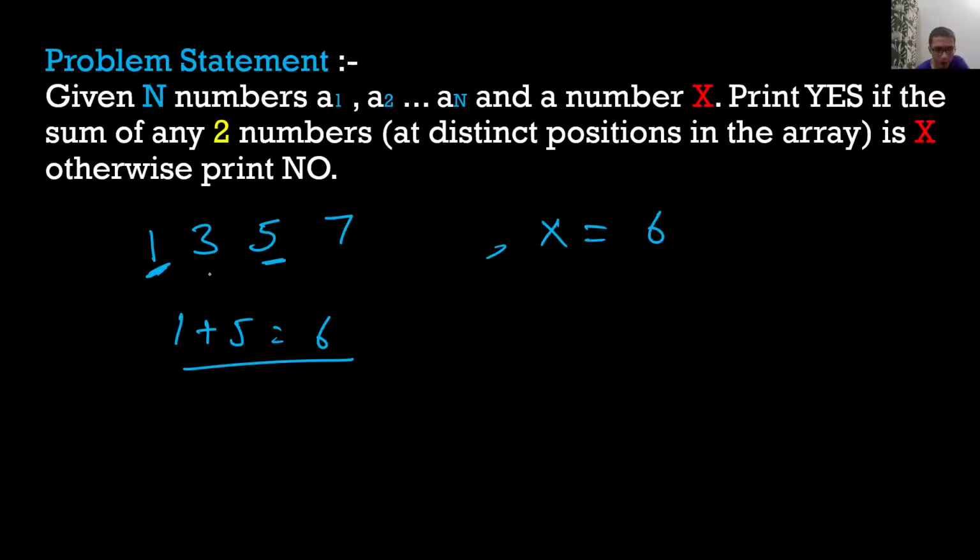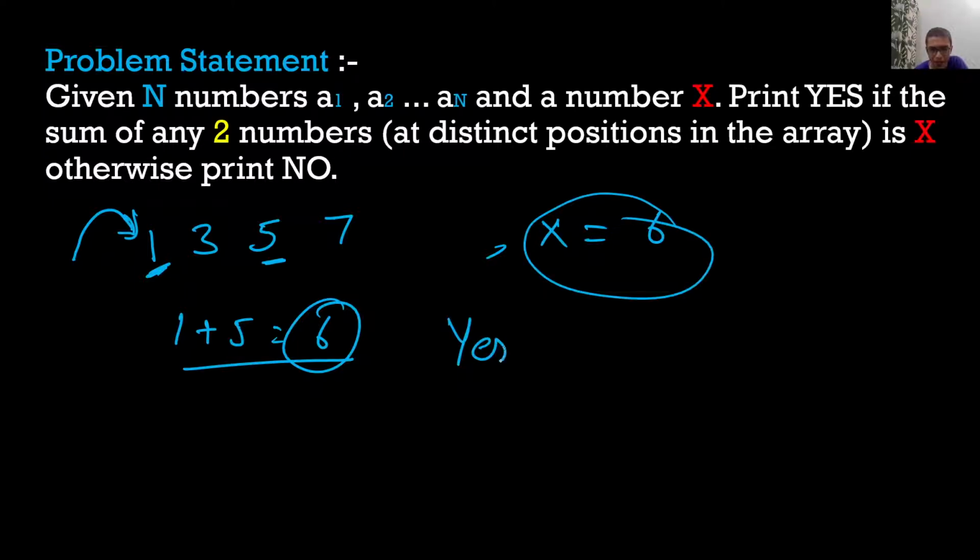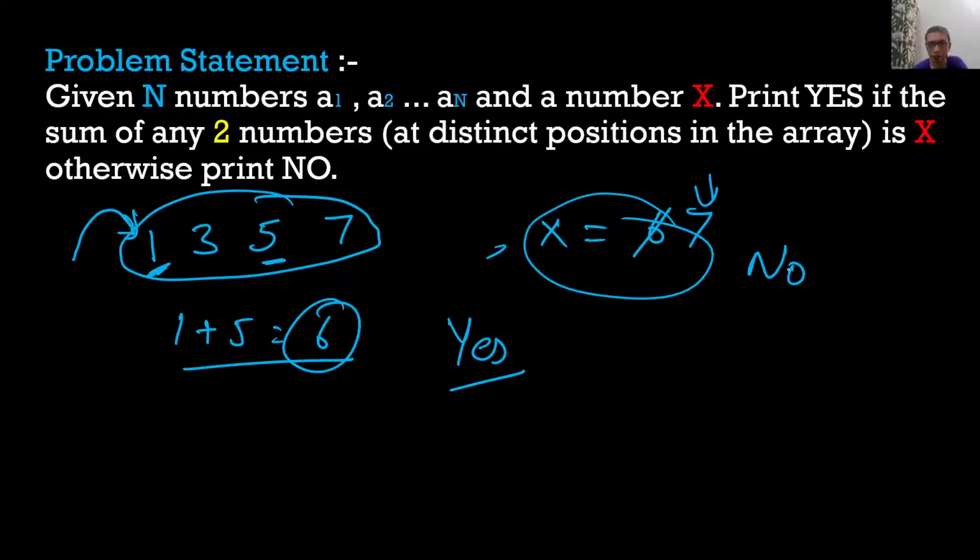So it is possible to take out two numbers from this array such that the sum of these two numbers is x, so hence I'll print yes in this case. But if let's say my x was 7, then over here there are no two numbers such that the sum of those two numbers is 7, right? So in this case we have to print no.